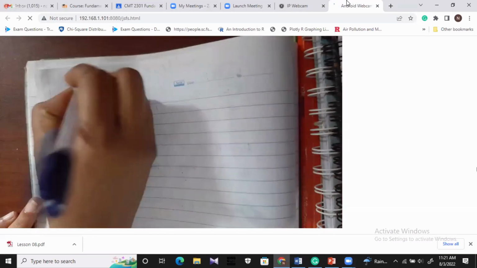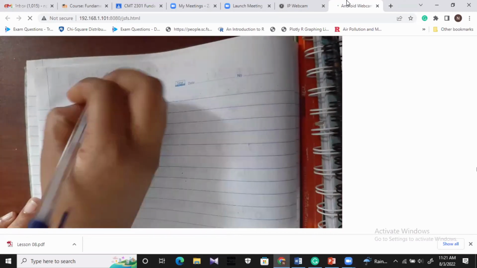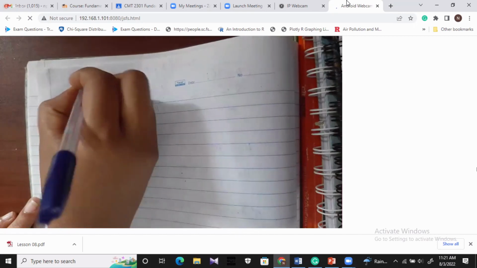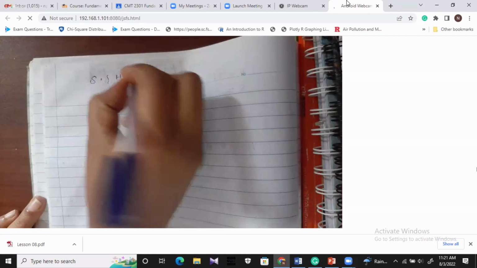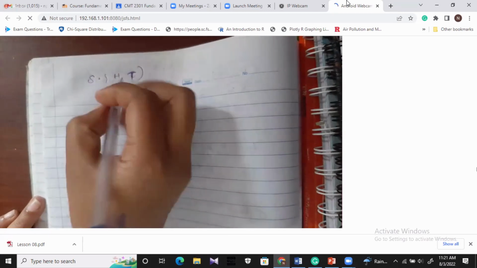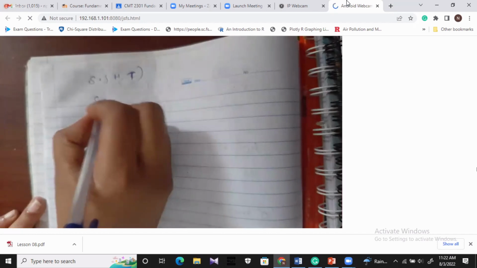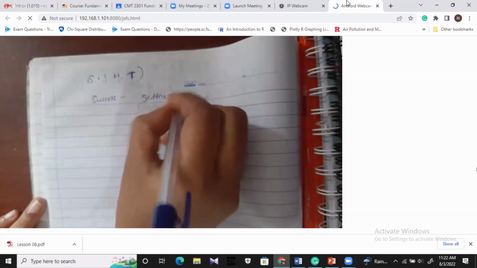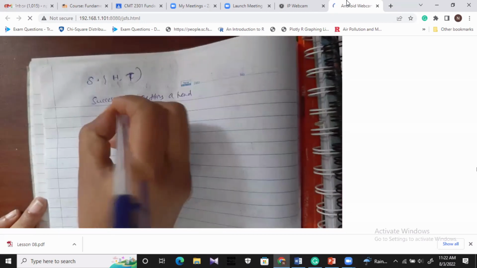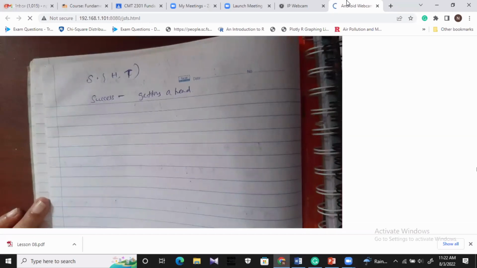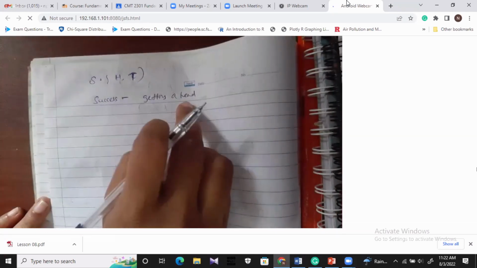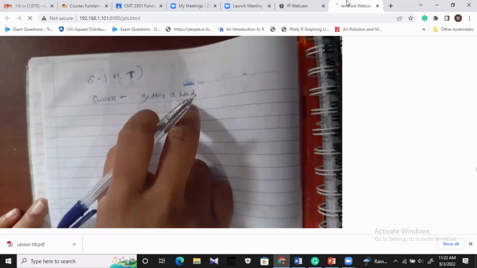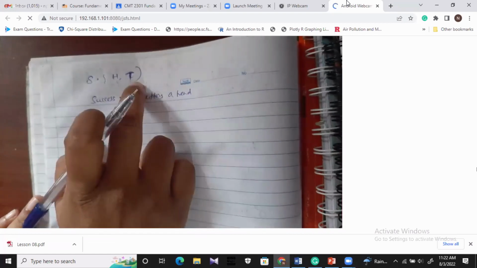I hope you can see my screen. Let's say we toss a fair coin. So the sample space should be head or tail, right? Getting head or getting tail. So if you consider getting a head as a success, tell me, what is the probability of getting a head if you toss a coin?